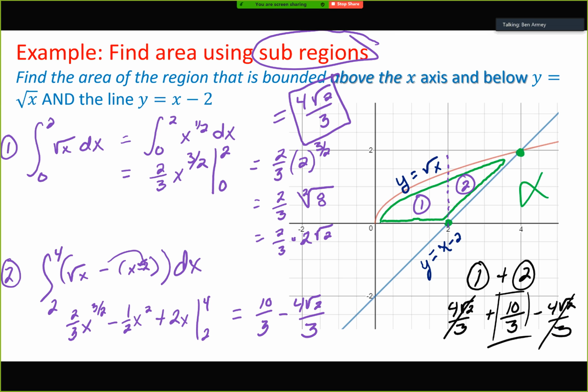From 2 to 4, yeah, that's what we did. So what Lena was saying, if you did the whole thing from 0 to 4 in one integral where you did top minus the bottom, it's going to include this triangle here, which you don't want, because it's going to integrate this.